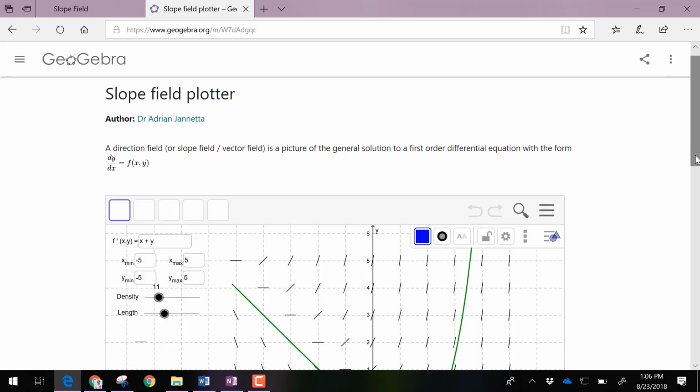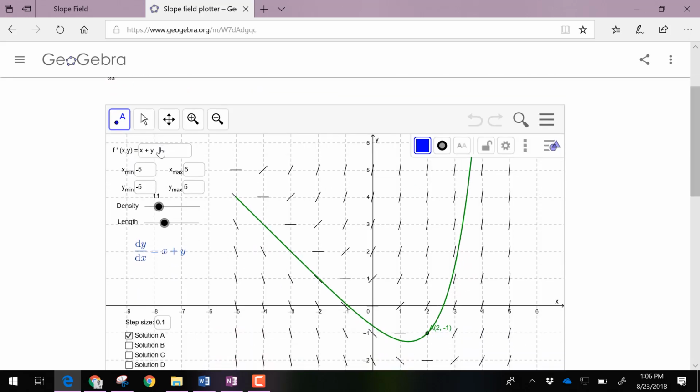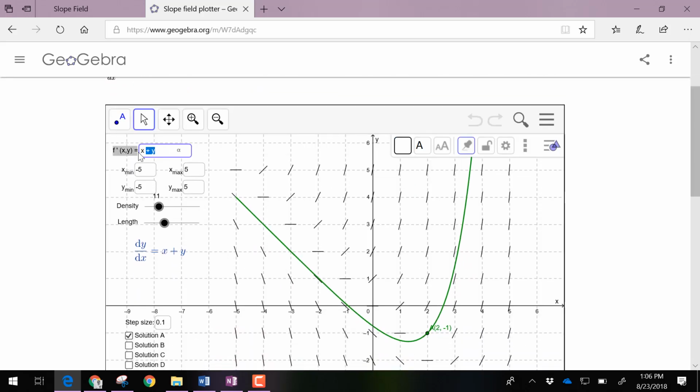Okay, so this is a different slope field plotter. It looks like I can change the x-min, the window. I probably could have changed the window from the last one also. What was it again? x over y or y over x? Negative x divided by y. Let's try this window, and let's not do a solution yet.